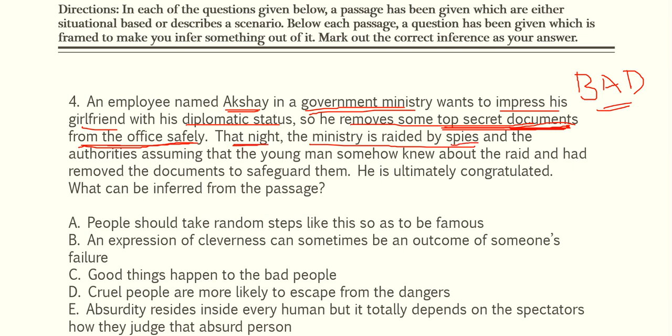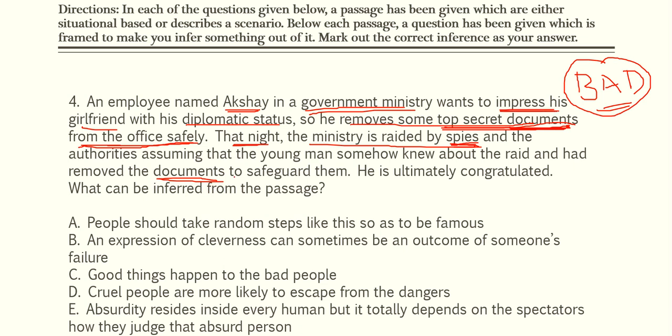Suppose रॉ का ऑफिस में रेड हो जाता है. कौन रेड करता है? जो पाकिस्तान का जो स्पाई एजेंसी है, आईएसआई, उसी का कोई एजेंट और ग्रुप ऑफ एजेंट्स रेड करता है. फाइन, but they don't find anything. They don't find the documents. क्यों? क्योंकि अक्षय, the unethical person, rather we can say the bad man, in simple terms, right? Akshay had removed those documents just to impress his girlfriend. His sole aim was to impress his girlfriend.